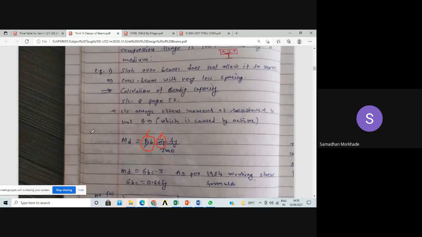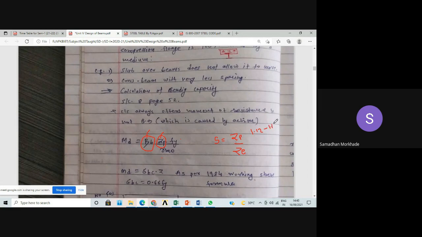Or otherwise, if you know the value of the shape factor, it is the ratio of ZP divided by ZE, the elastic section modulus. For the I section, normally the value of the shape factor is in the range of 1.12 to 1.14.